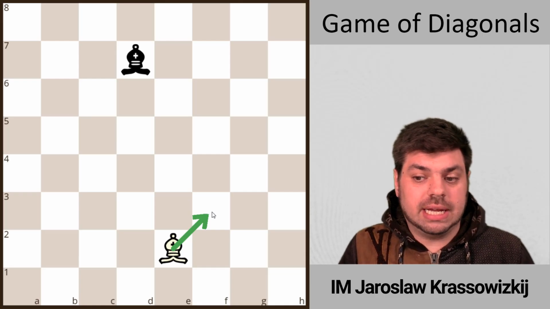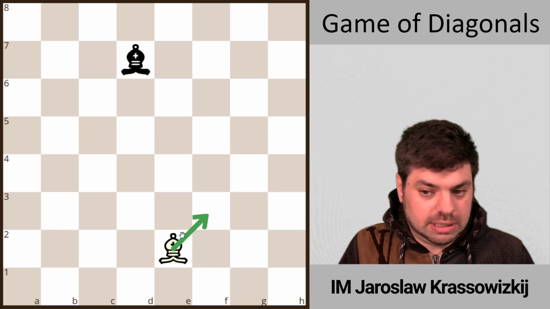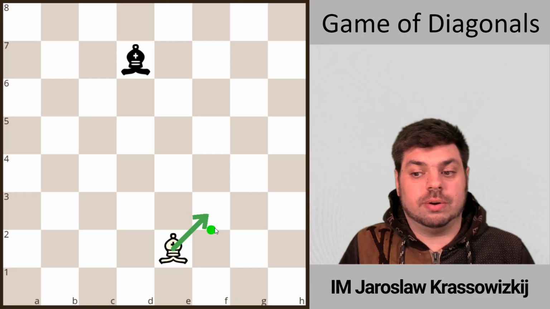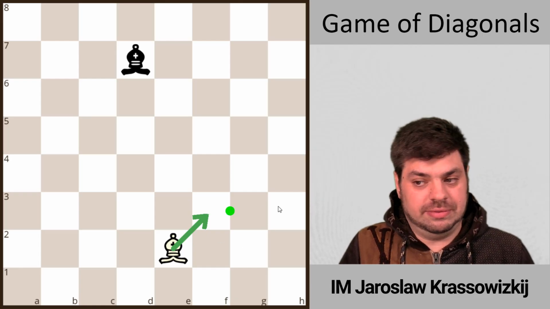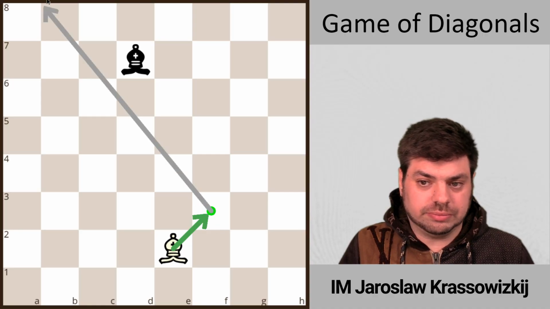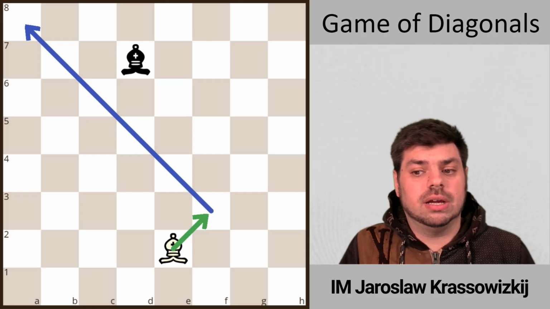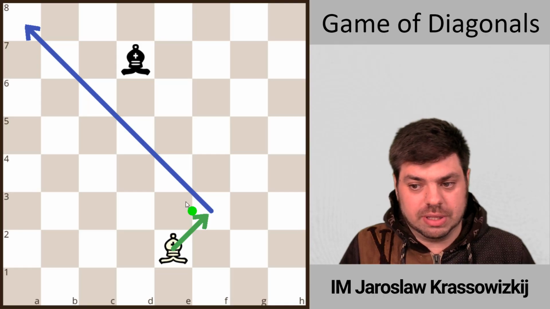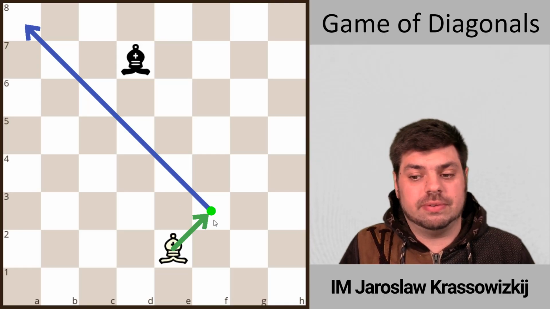So we start on f3, and that's it so far. We go now from the square f3 to the left side. We use this diagonal, and we traverse it square by square. So first we start with f3 and then we go to e4.